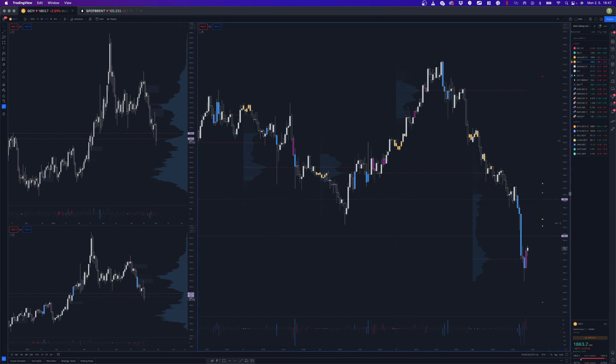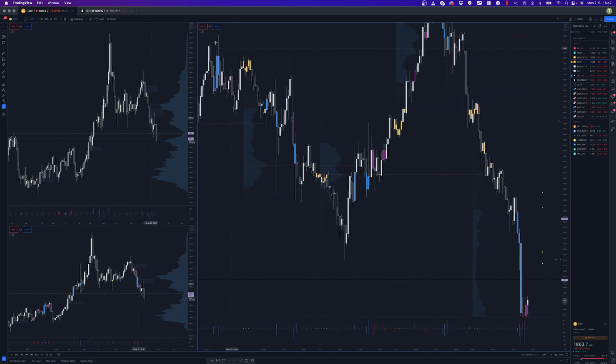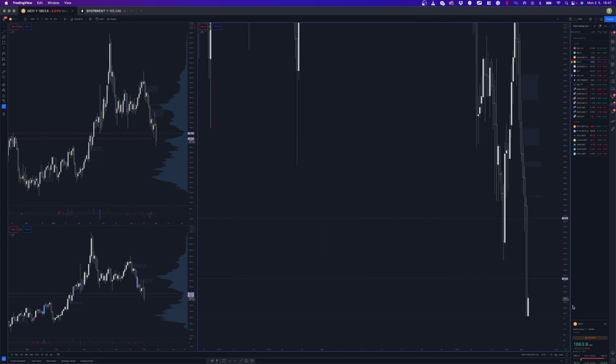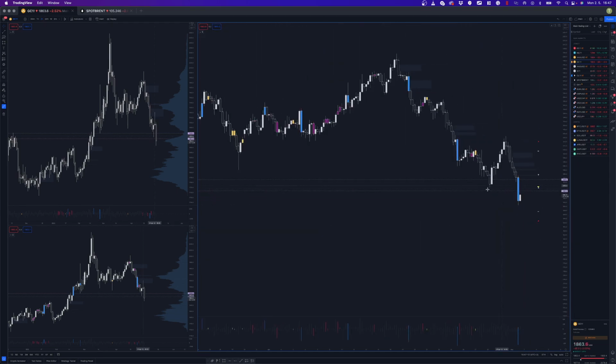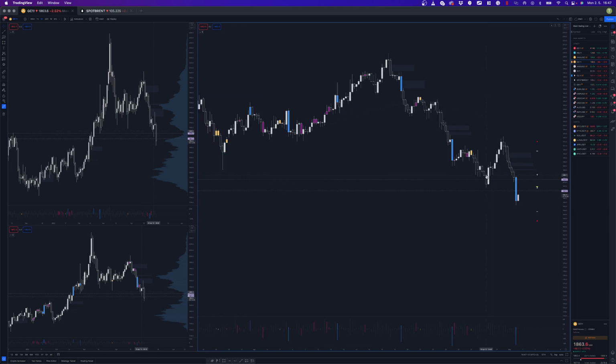So first things first, if I take a look at the H4 chart right here, you can see that basically the cluster is in here, this is the down move.